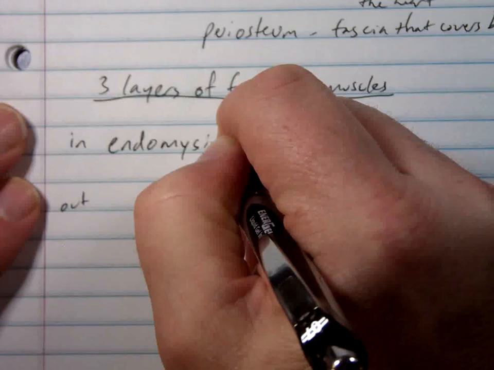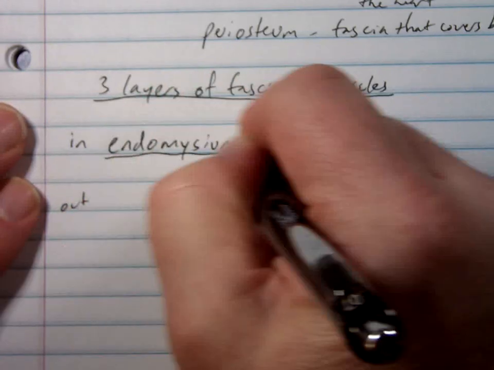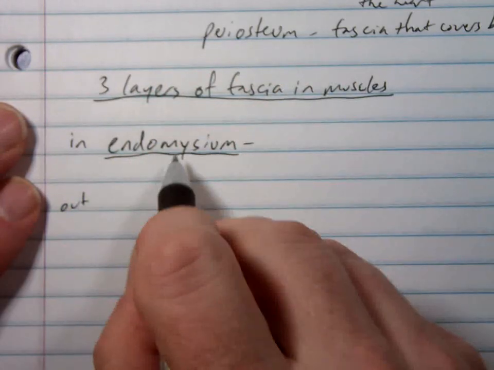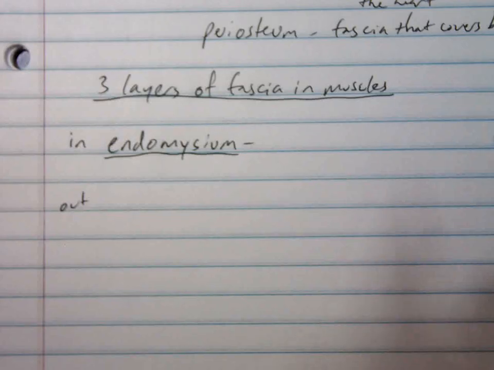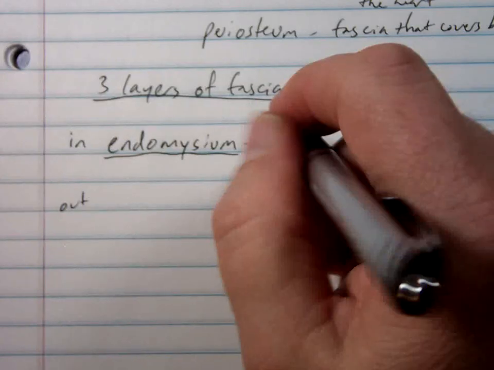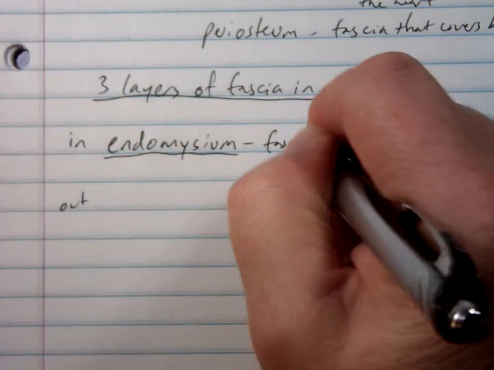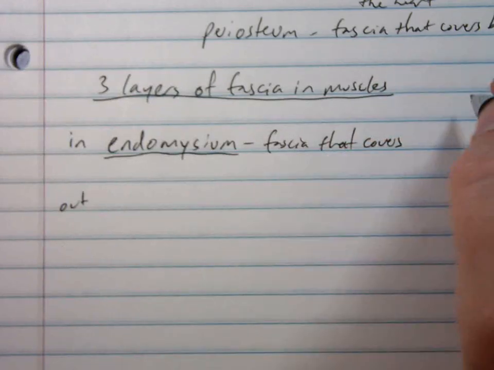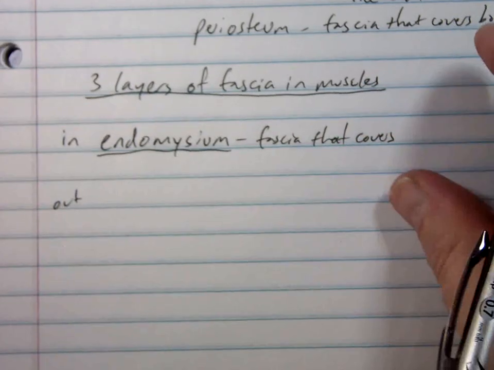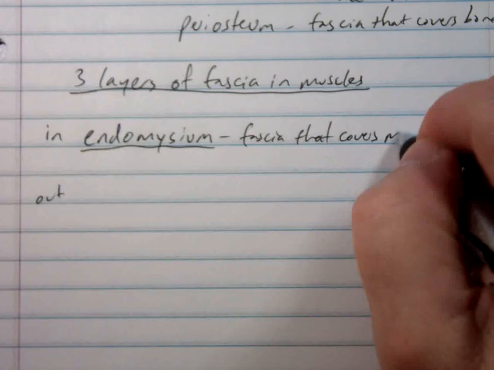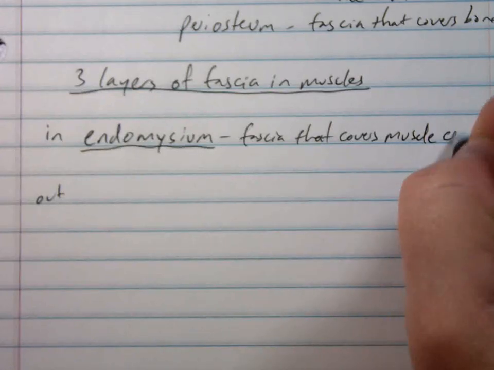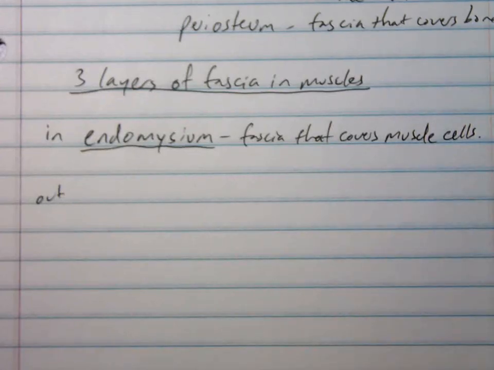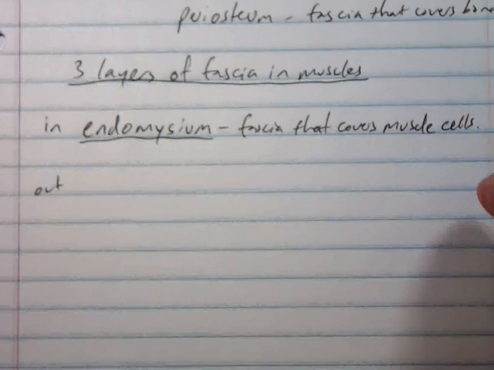Remember, my means muscle. Anything with my or myo in it. And here, mysium. So this is the fascia that covers muscle cells. So that's the one that's covering muscle cells specifically.